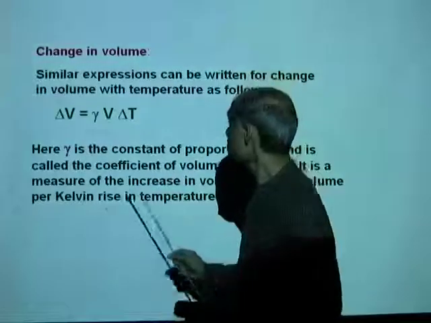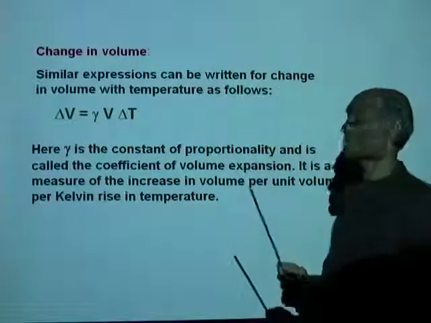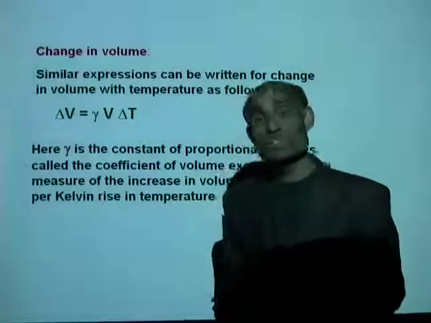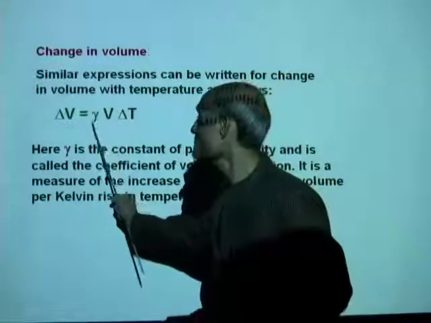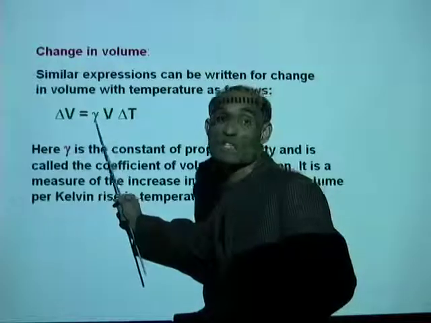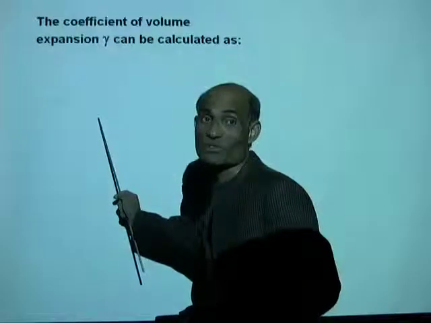So gamma is a constant. We call it the coefficient of volume expansion. And what is the definition you can give for coefficient of volume expansion? If you solve for gamma, what is gamma equal to?